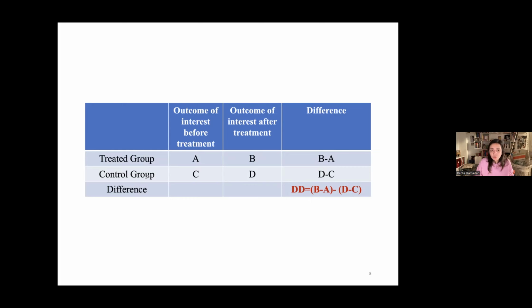And then with the control group, I will do the same thing. Hussein is not benefiting from the program, so I will calculate the difference between his income after the Forza program and his income before the Forza program, Z minus C. The difference in difference, the effect of the program Forza on the income level, is the difference of these two differences: the difference in the outcome of Racha over the years, minus the difference in the income of Hussein over the years.